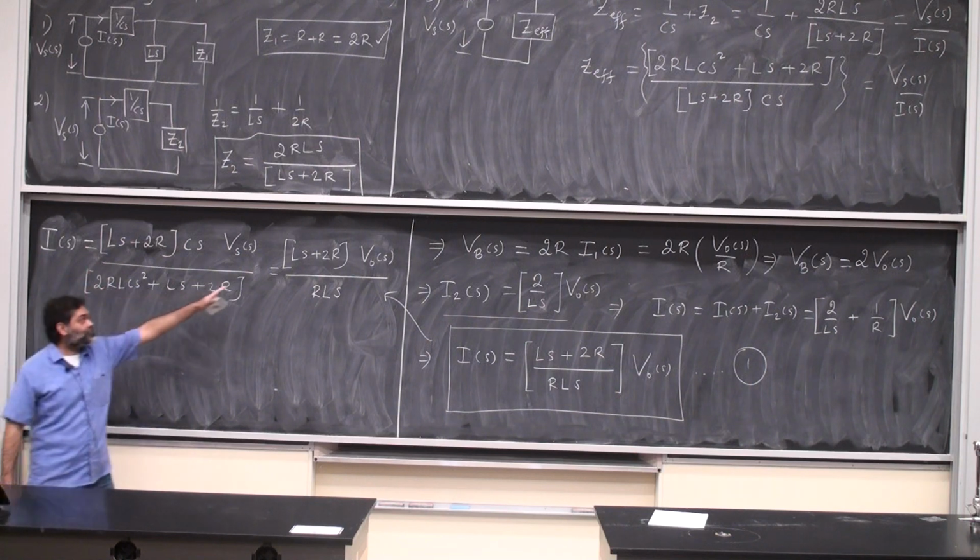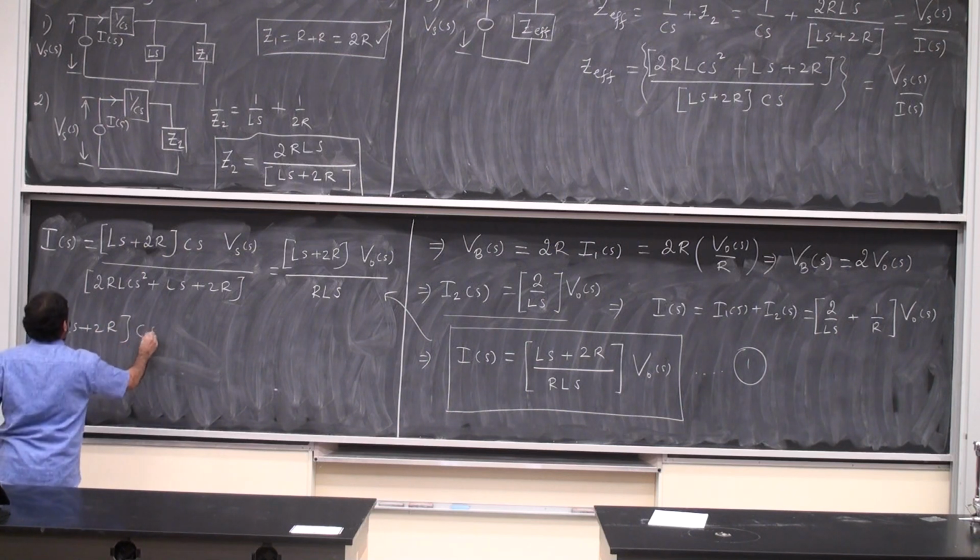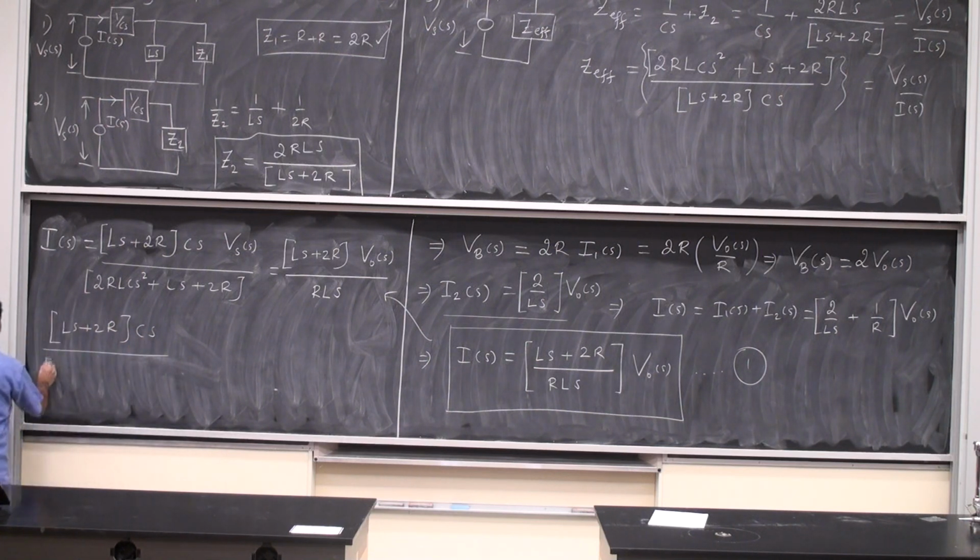Ls plus 2R, Ls plus 2R, let me rewrite this just for my own convenience. 2RLCs square.